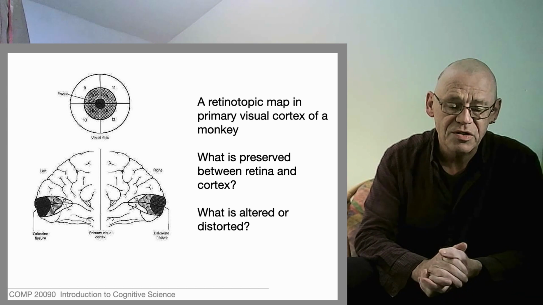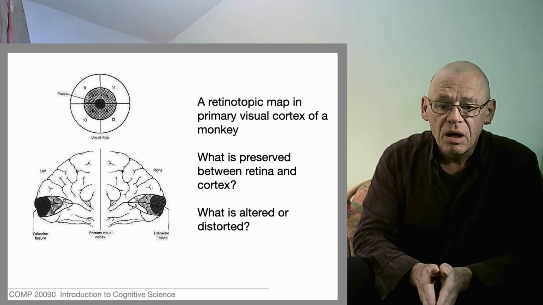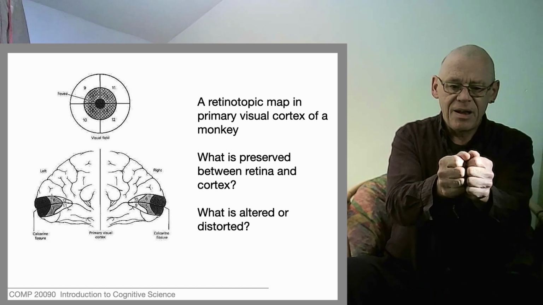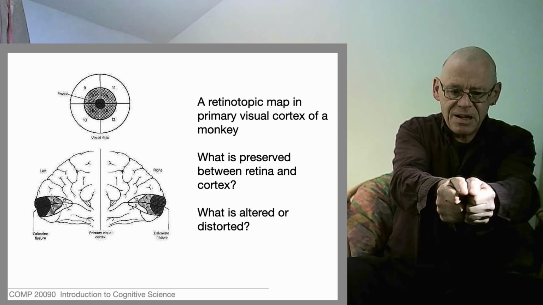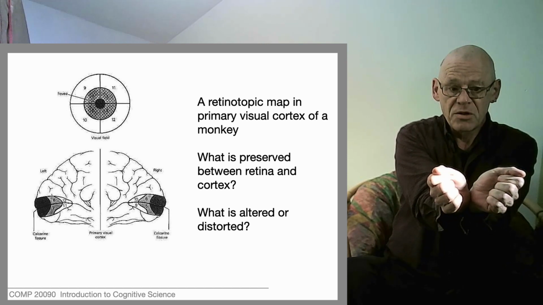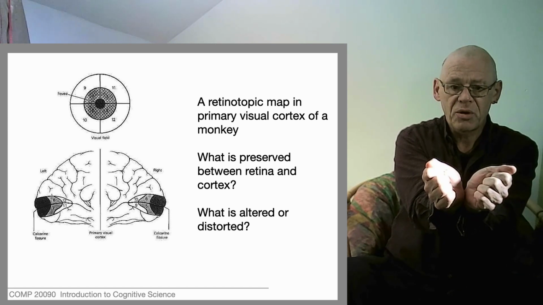This example is taken from monkey brains. On the bottom, you see a view of the brain, and we need to understand where this comes from. The brain has two hemispheres like this, and what we've done here is we've opened them up so that you can see inside of primary visual cortex.